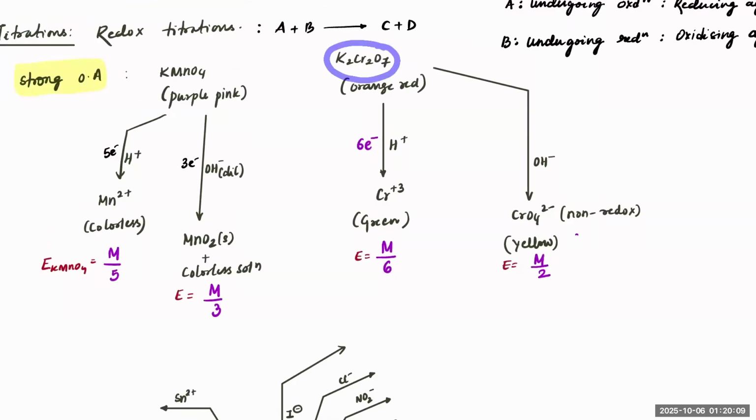And what is the definition of equivalent weight in terms of a salt? It is based on the total positive charge or total negative charge, correct? So it is 2K+ and Cr2O7 2-. So how much negative or positive charge is it holding? 2. So that means it will be molecular weight by 2. Understood?